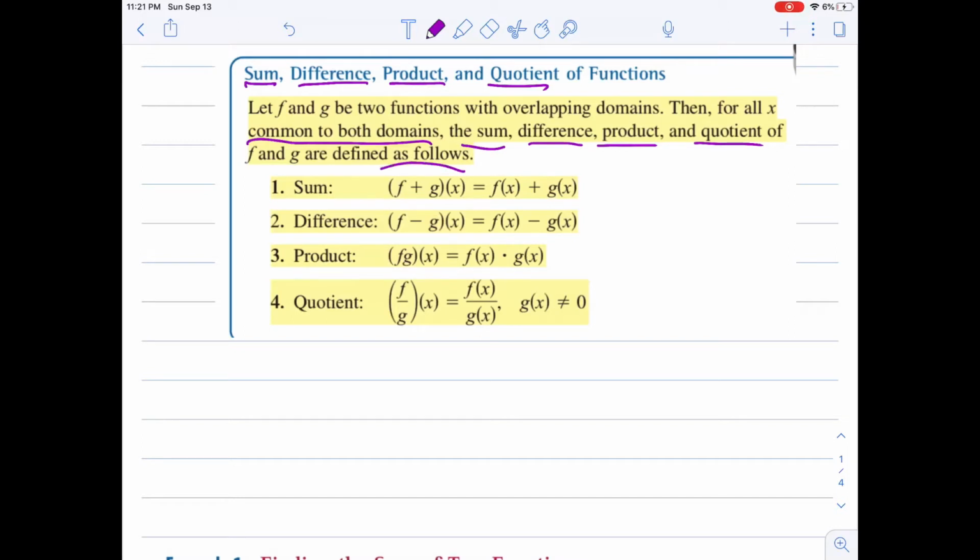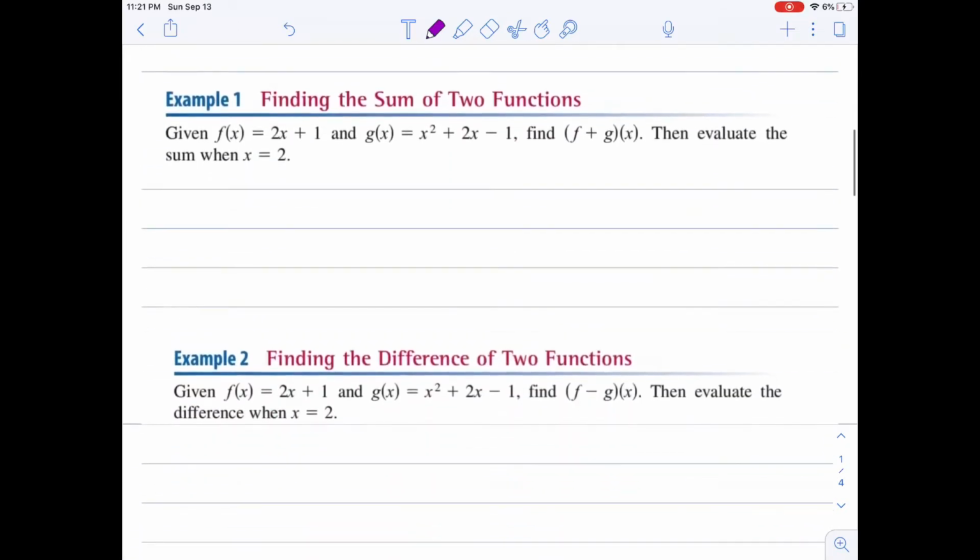Remember, if we're looking for the sum of f plus g, we just take the f of x plus the g of x. F minus g of x is just f of x minus g of x. F times g of x is f of x times g of x. F divided by g of x is f of x over g of x, as long as g of x doesn't equal 0.